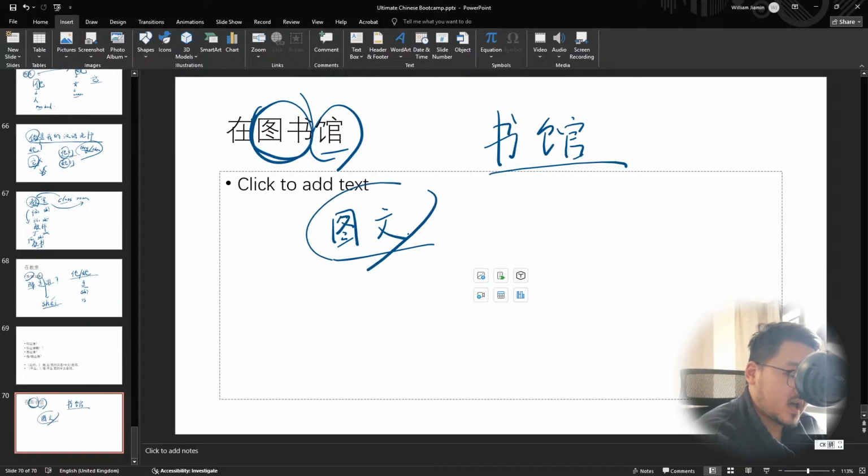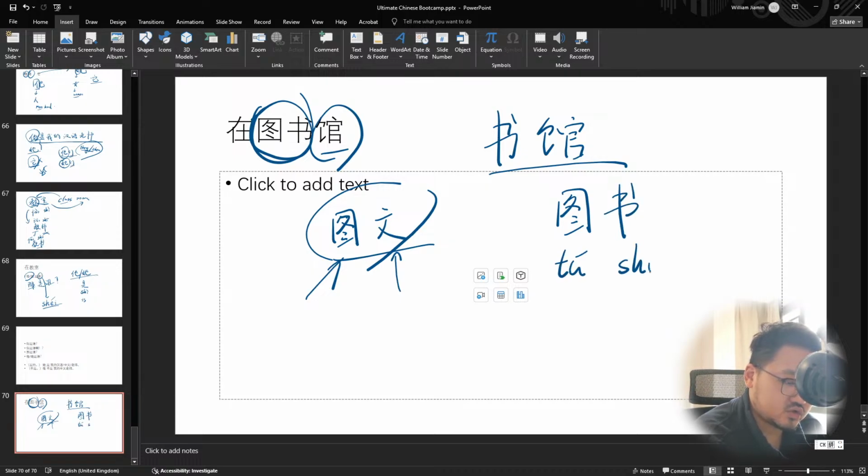That means it's kind of a culture thing, a text thing, but you can also deal with images. But let's go back to 图书, right? 图书 is a typical 合成词.